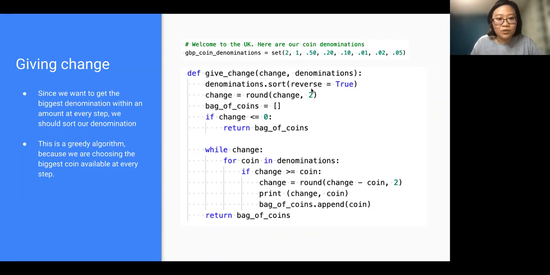non-solution to this problem. So this is something to think about with greedy algorithms, because you can intuitively think, okay, this is how I'm going to go about it. But for a particular solution, this works with at least a 1p denomination, right?